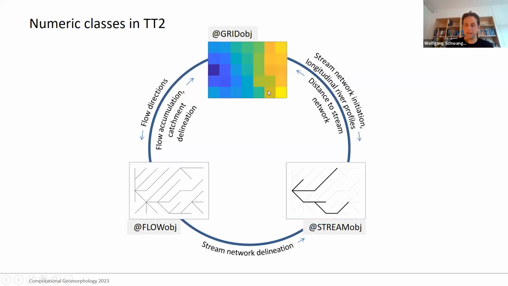Okay, so we have a grid that we start with, we derive flow accumulations, we delineate the stream network, but for example, based on the stream network, again, we can calculate the distance to the stream network, which gives us a grid object again. So all of these objects start to interact with each other. And this interaction is basically the basis for workflows that would be possible with that approach.